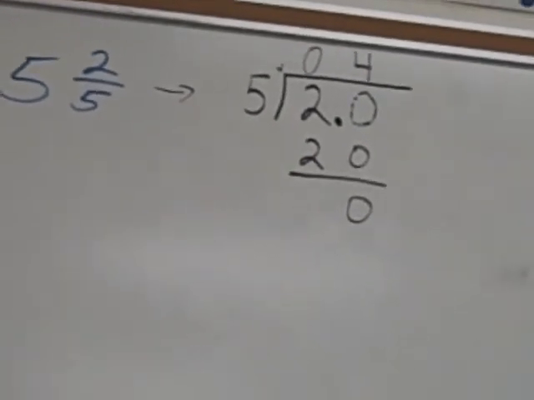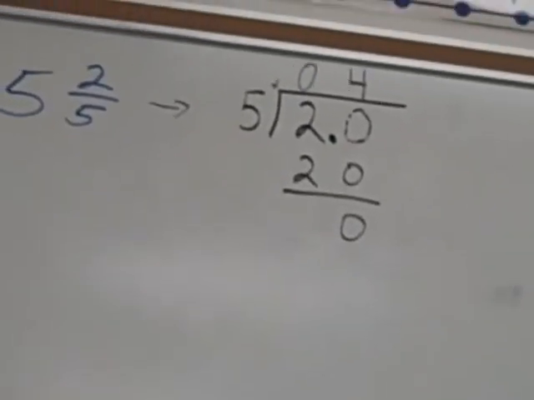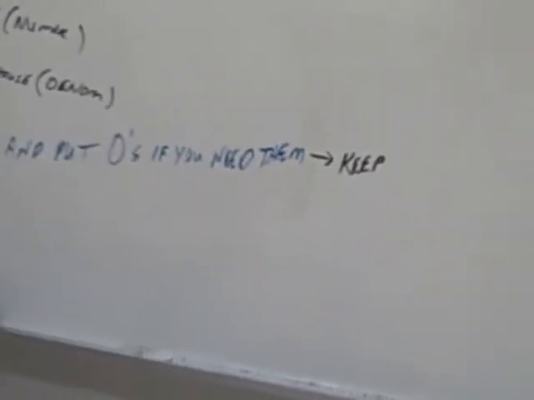What if there is leftovers? You put it too close, Holmes. What if there is leftovers? I'm about to say something. Right here. Keep div. What's div? Dividing. That's our abbreviation.